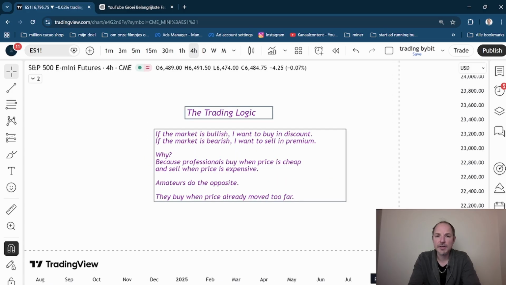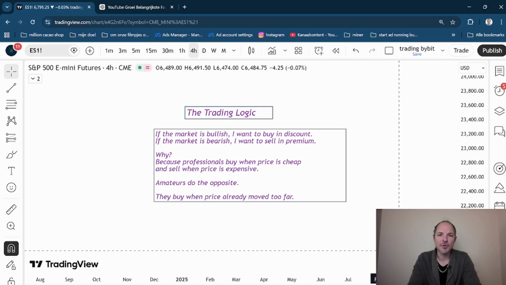The logic is this: if the market is bullish, I want to buy at a discounted price. If the market is bearish, we want to sell at a premium price. The reason is very simple: professionals buy when the price is cheap and sell when the price is expensive.